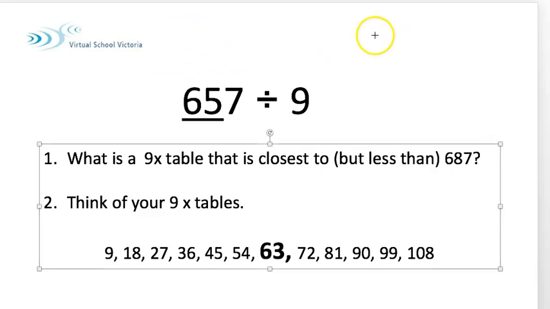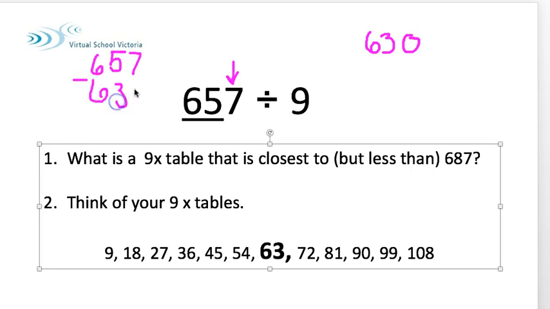So that table is 63, but we can't forget these ones here. So it's 630. Now, if we have 657 and we've split it into 630, the leftover number is 27. So we're going to split it into 630 and 27.